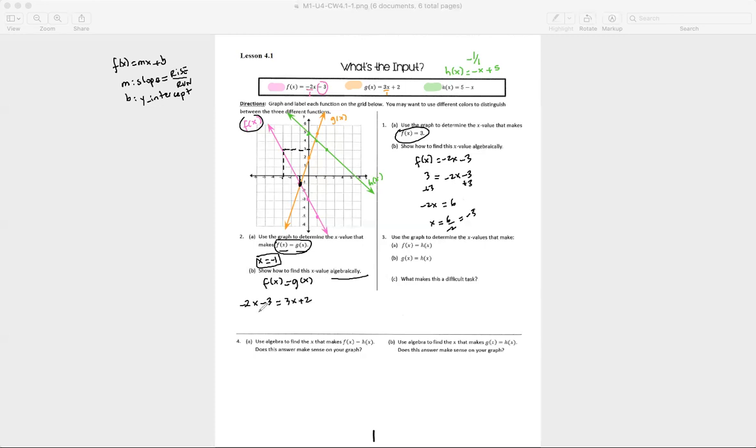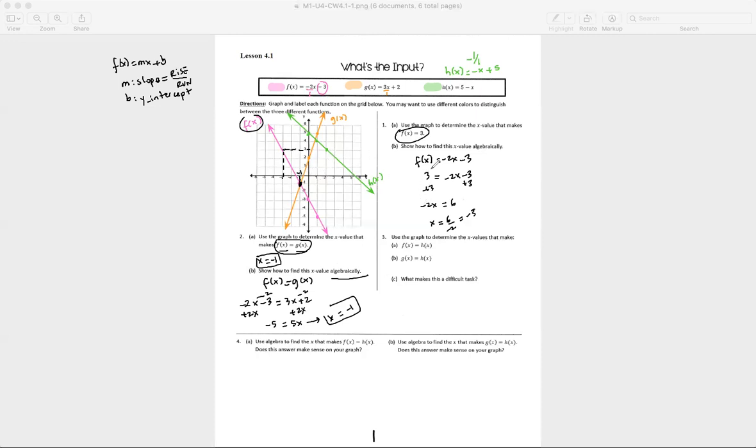That means you want to get all the x's on one side, maybe add 2x to both sides, and then subtract 2 from both sides. So you get -5 equals 5x, and then when you divide by 5, you get x equals -1. So does this confirm? Yes, it does, because we did have x equals -1. That's the x value for this point of intersection.